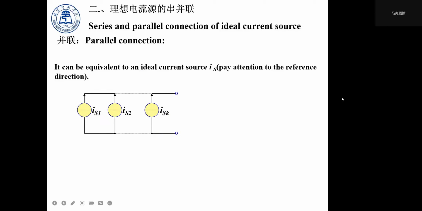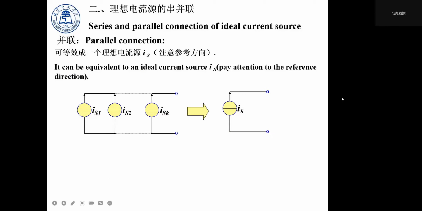So let's talk about the connection of ideal current sources in series or in parallel. If we attach several ideal current sources in a series connection way, we can replace them with a single ideal current source. This is how we deal with it.